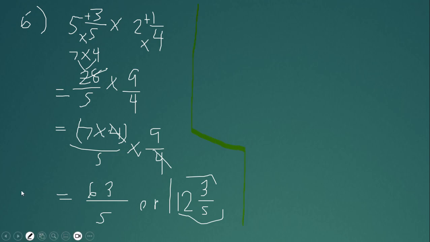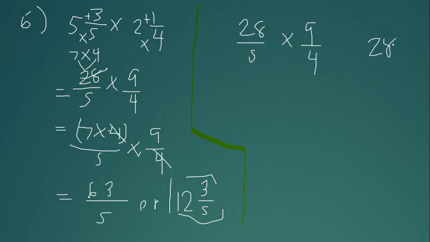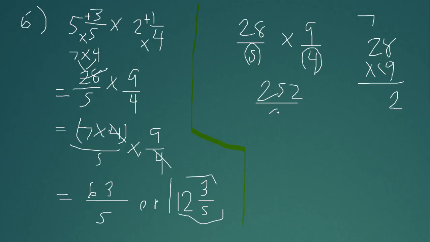Pwede nyo gawin. So, we have 28 over 5 times 9 over 4. Then 28 times 9 is 252. 5 times 4, we have 20.